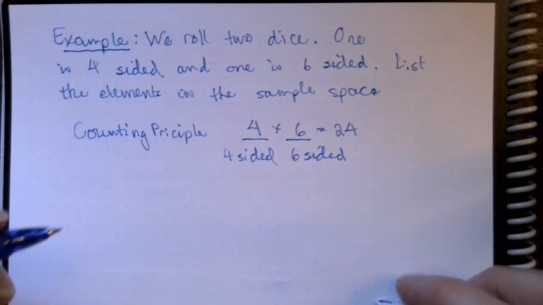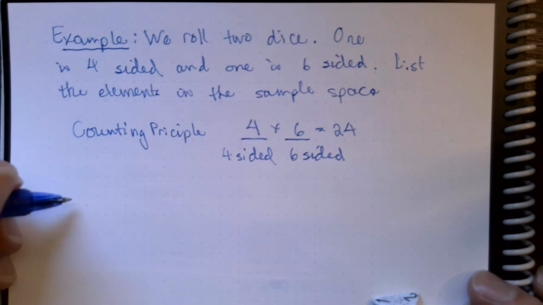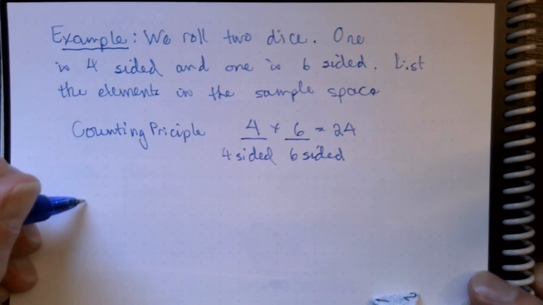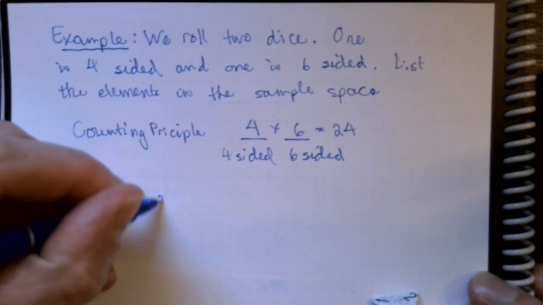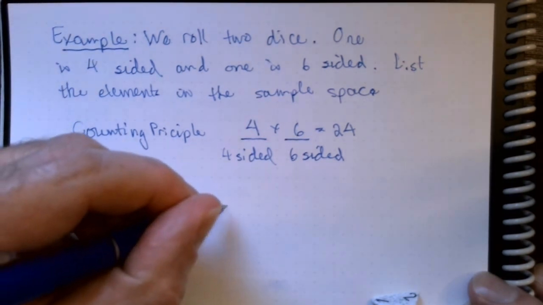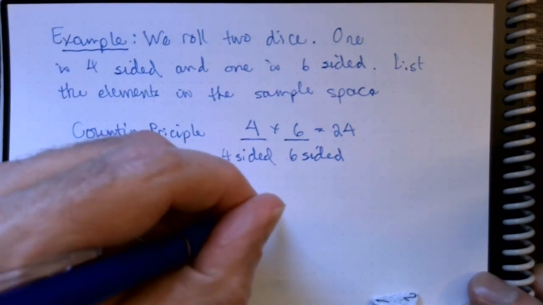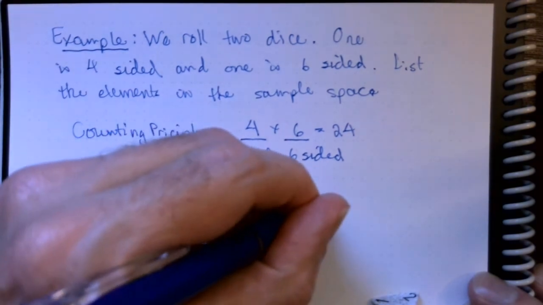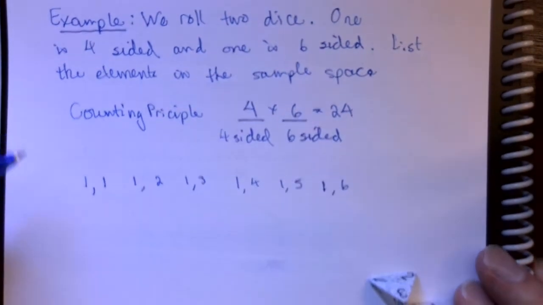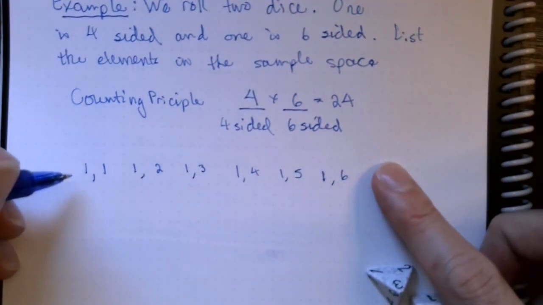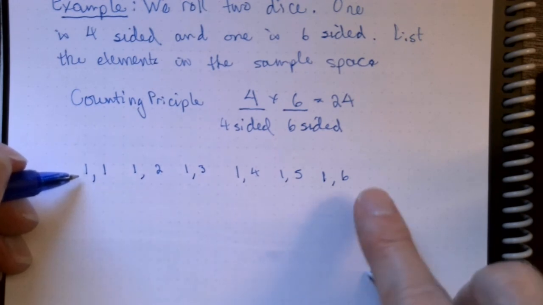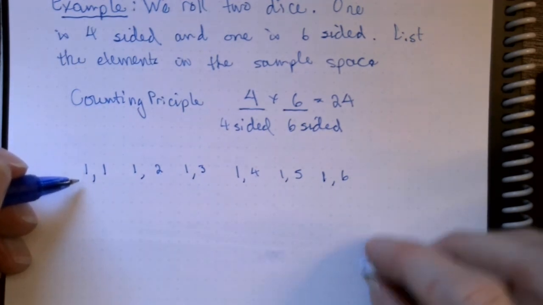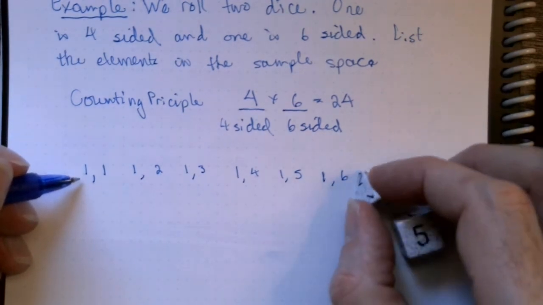Okay? I'm going to list these out in a little grid. So this row, the entries in this row represent the possibilities where the four-sided die comes up a 1.